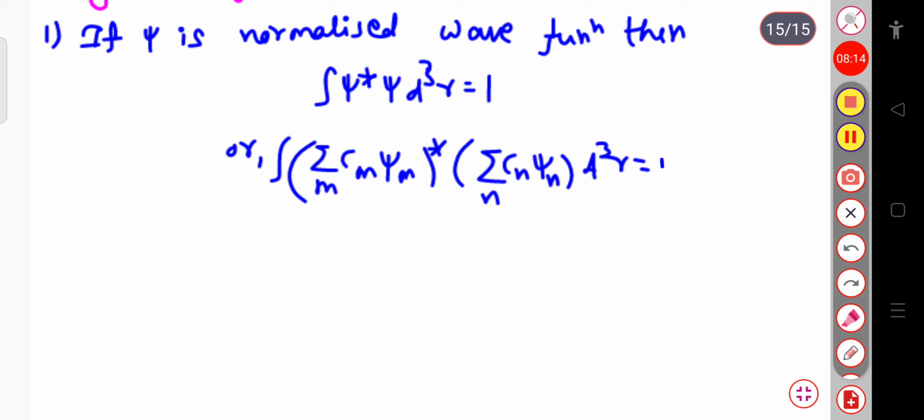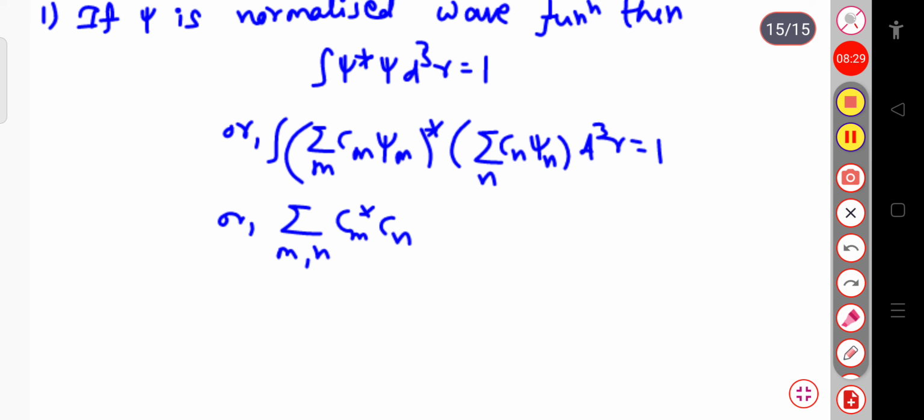Okay, now here if I take the summation sign common, m and n both are present, and here this will be Cm star, and the next is Cn, and again the integration over psi m star into psi n dqr, that will be equal to 1.